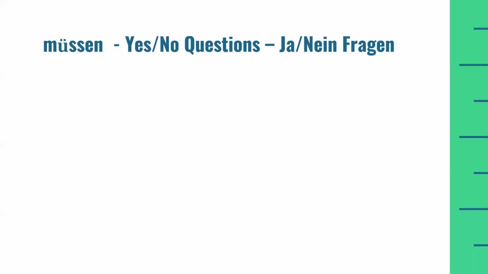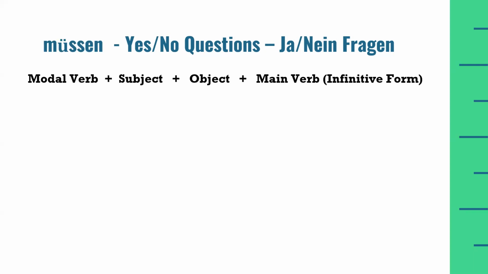Now let's have a look at yes or no type of questions when we want to use modal verb müssen. The sentence structure in this case will be that modal verb comes at the first position, subject will come at the second position, object, if required, will come at the third position, and the main verb of the sentence will be at the last position of the sentence.